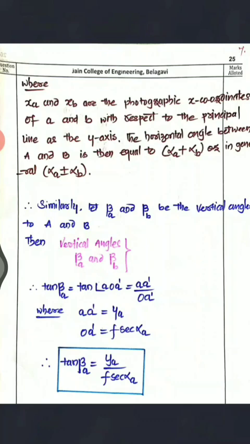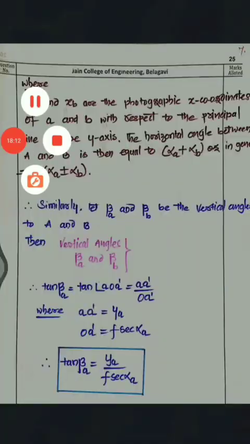Now you can take tan beta A is equal to tan of AOA dash. So we'll see this in the figure. Now you have to check the triangle AOA dash, we'll see that.